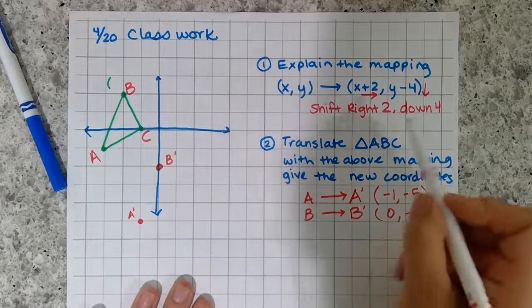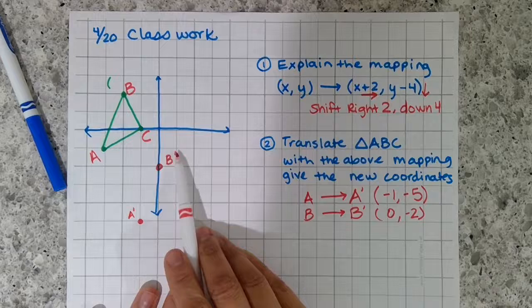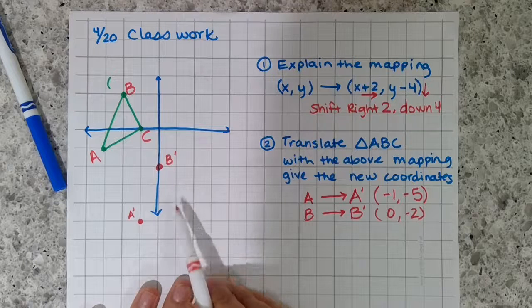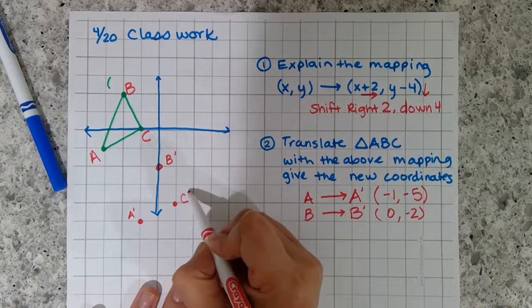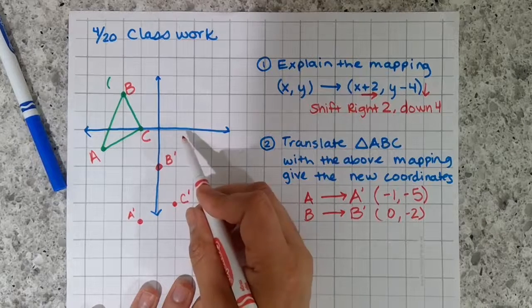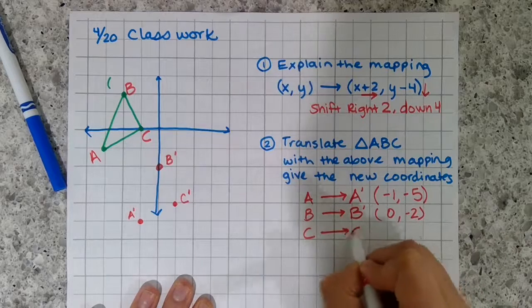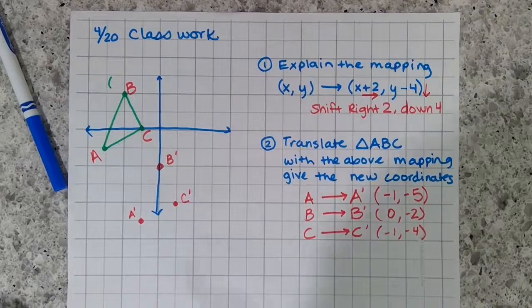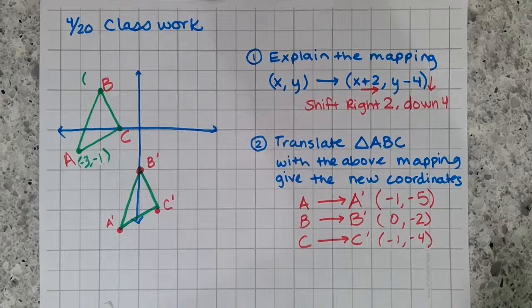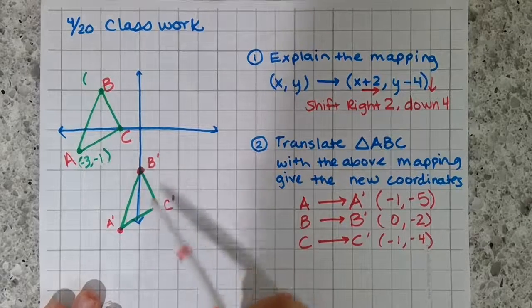All right, and then we're going to take our last point, C, and go right 2 units down 4. -1, -4. All right, not bad. And we can go ahead and draw our triangle. So we've created our new triangle, A'B'C'.